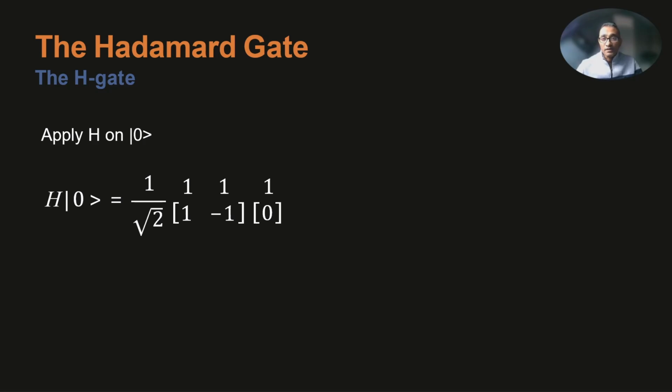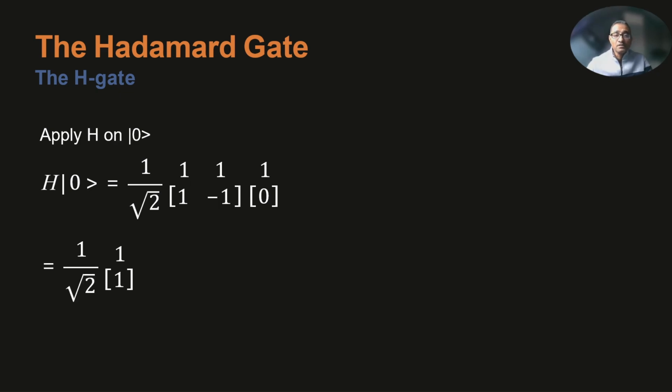Now, when you apply this and go through the matrix vector multiplication, again, if you do not know it, my suggestion would be to look at the quantum linear algebra videos, but this is fairly easy to do. Once you do that, you will get an output like 1 by under root 2, 1 by 1.